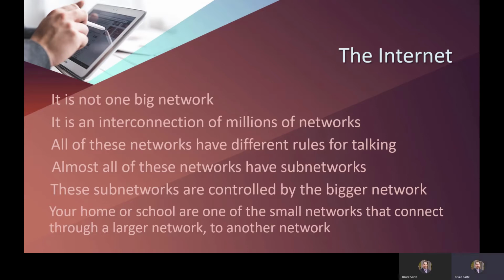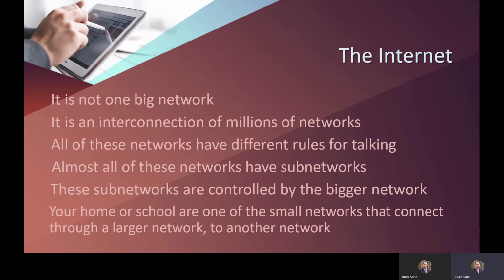So to do that, we need to understand that the internet is not one big network. It's not like a master network out there. Even when we break it down to its very core, the internet is an interconnection of millions of smaller networks.